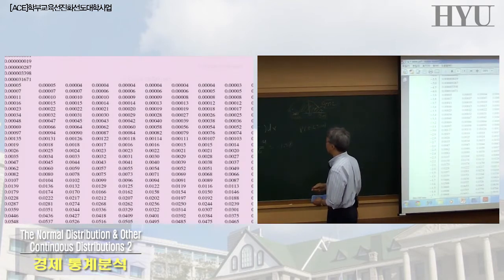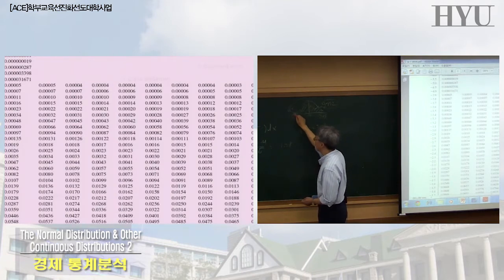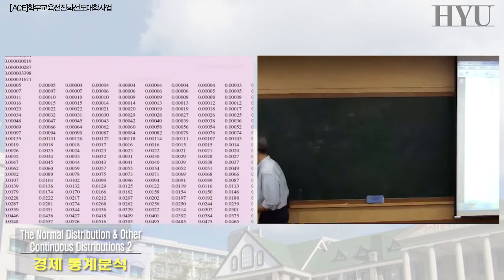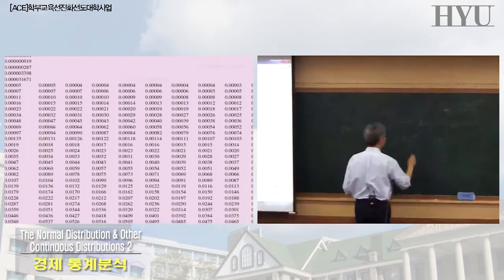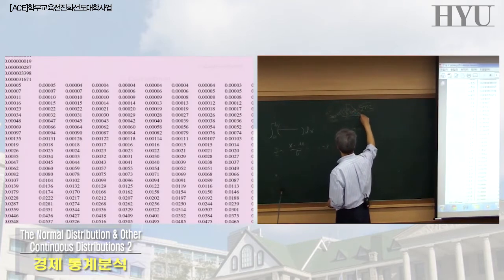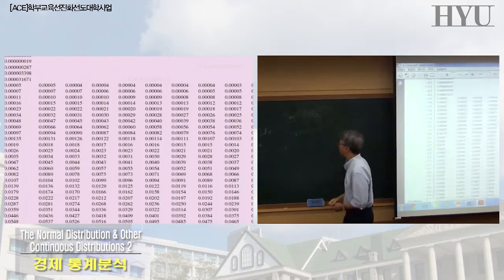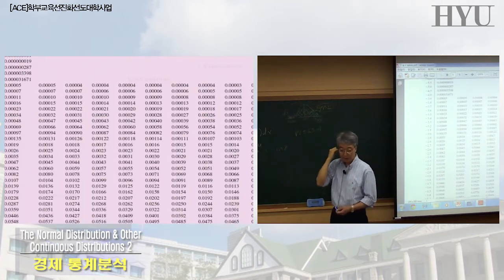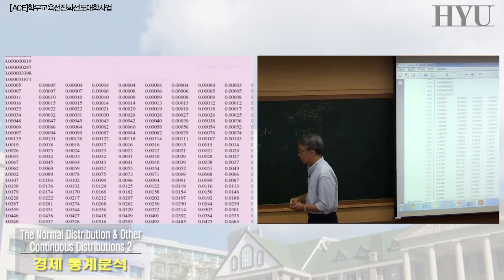So you know that if you subtract this area, the rest of the entire distribution, that will be the same as the yellow shaded area in the first table, right? Because it is symmetric, right? So you can do it the other way around.